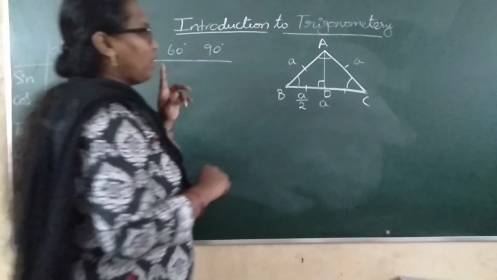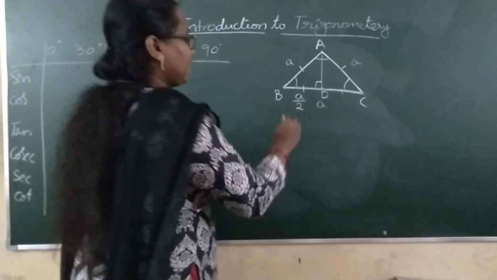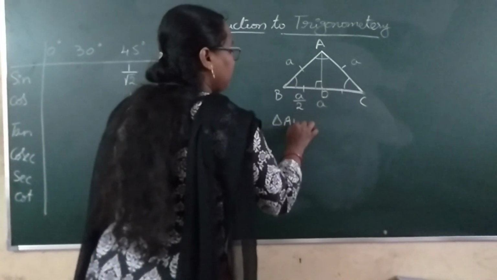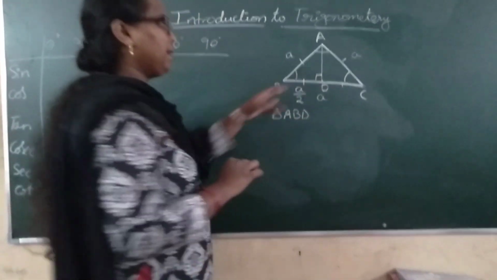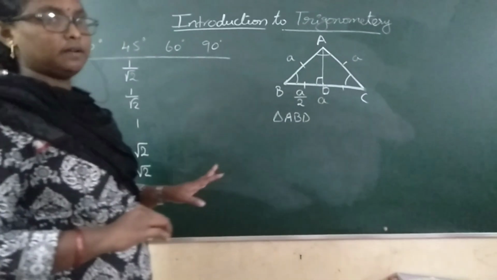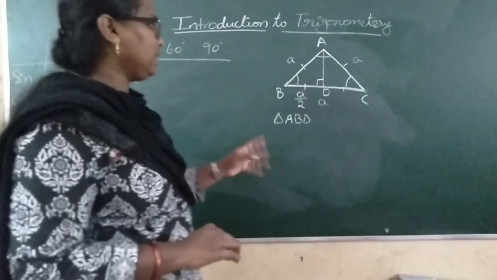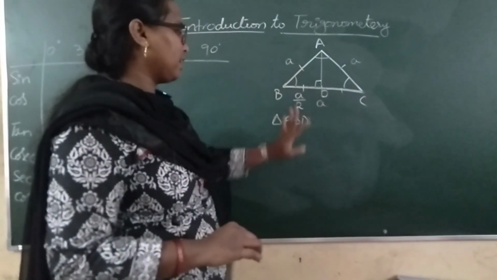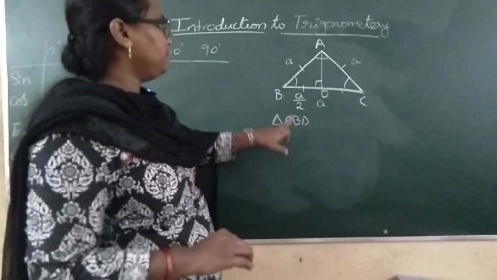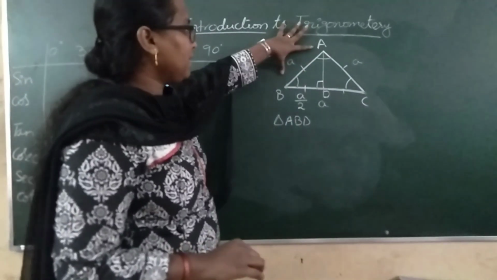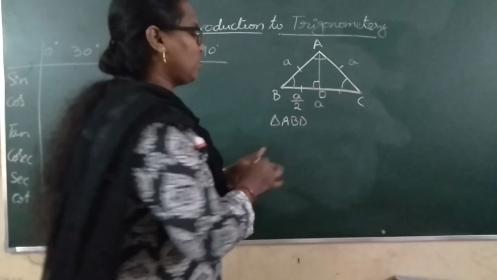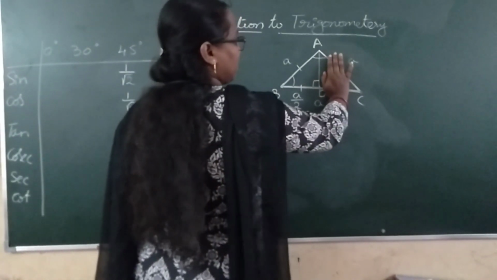Now take triangle ABD, or ACD, any triangle you can take. In this, AB is the hypotenuse.